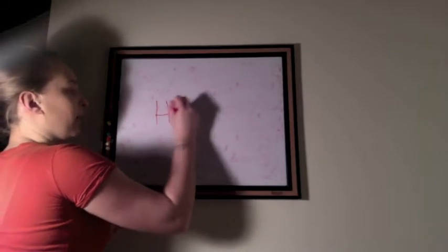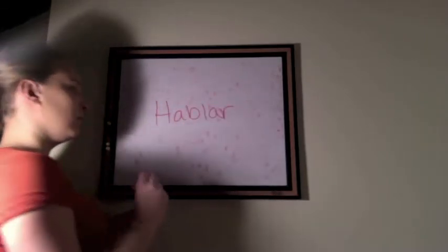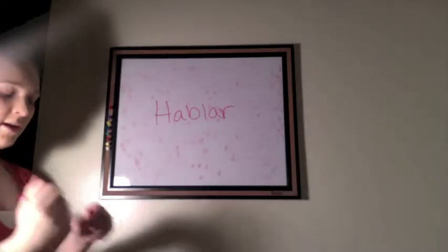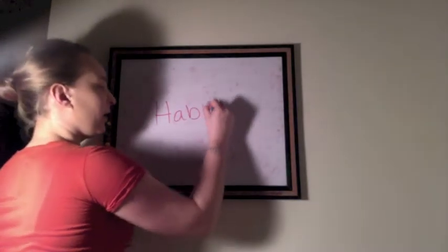Okay, we're going to learn using the verb hablar, because that's one of my favorites, because I think it's one of the easiest. So we have hablar, which means, do you remember what it means? To speak. Yep. Perfect. So when you're conjugating an AR verb, the AR at the end, let me show you with a different color so you can see. The AR at the end, this is your ending.